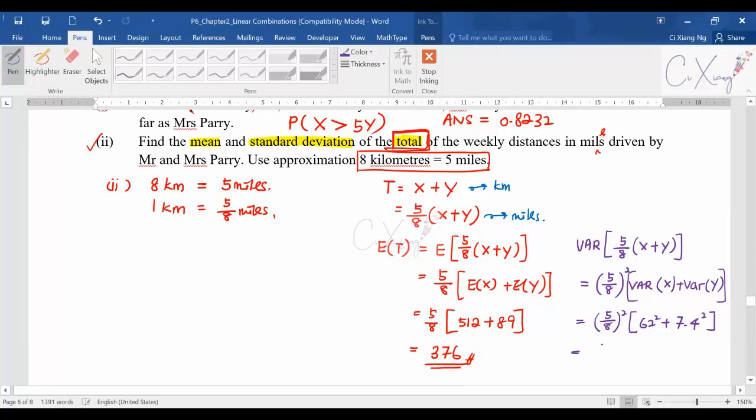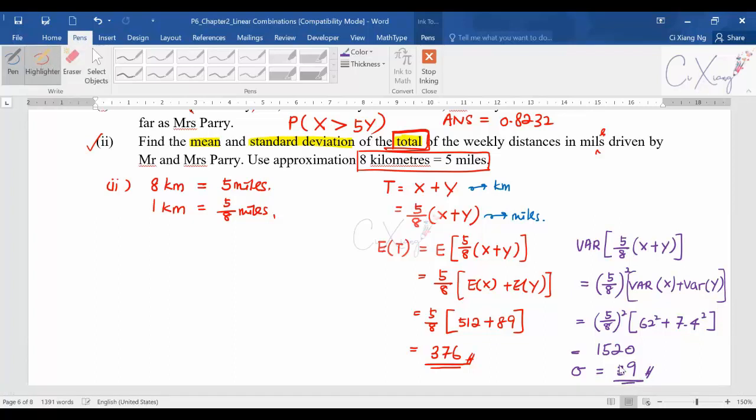If you continue from there, you'll get 1520, correct to 3 significant figures. And if you want to calculate the standard deviation, then you need to take the square root of the original answer. If you take the square root, I think you should get 39. Okay, so this is the correct answer here for mean and also the variance.